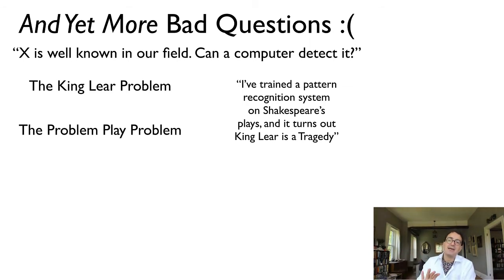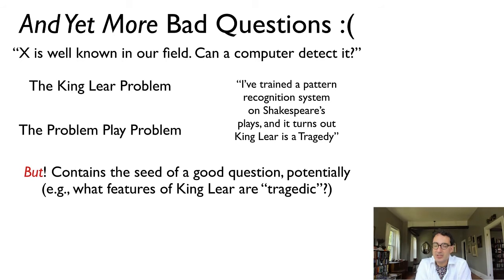That said, this is actually not as bad a question as it looks. It's a form of can method X do thing Y. In some ways, it's even worse, right? We already knew it, but it contains the seed of a good question, potentially, because you can maybe get an answer like the following.